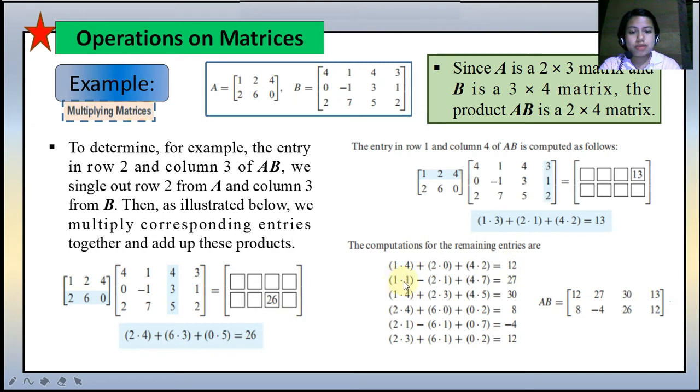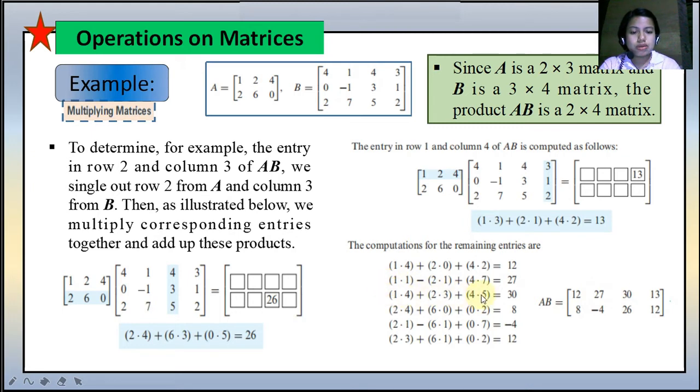Then we have 1 times 1, this is the first row, second column. 1 times 1 is positive 1, minus 2 times 1, that's negative 2. So 1 minus 2 is negative 1, plus 4 times 7, that's 28, so plus 28 is equal to 27. So that is row 1, column 2.